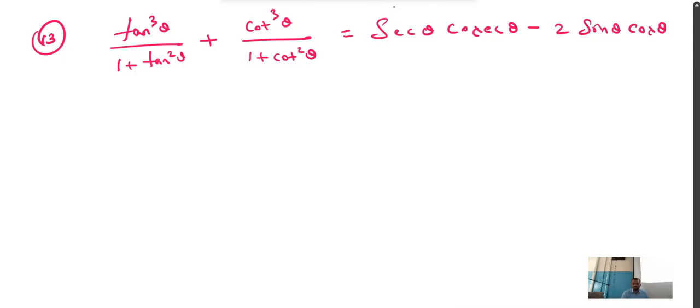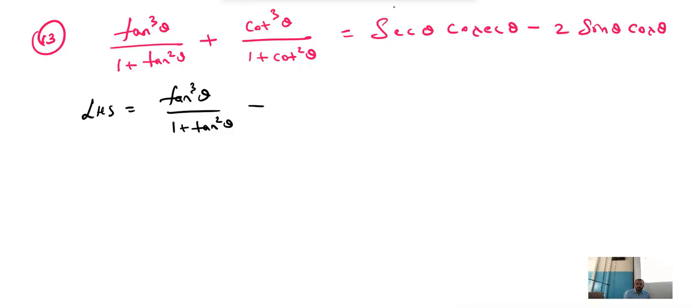Seriously. Observe here. First, let me take the LHS. What is LHS? Tan cube theta by 1 plus tan square theta plus cot cube theta by 1 plus cot square theta. Any doubts? No. Sin cos comes. Don't do anything other, the rest of the terms we have to change in the form of sin and cos.